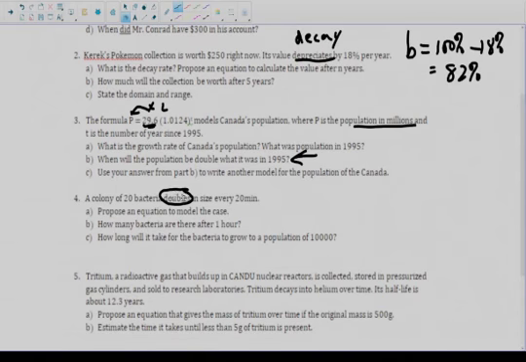Okay? This double is different than this double. This is the population doubling from an initial population. This is saying that 20 bacteria double in size every 20 minutes. This double is actually your B value. Very subtle difference there. Okay, your B value in question 3 is 1.0124.